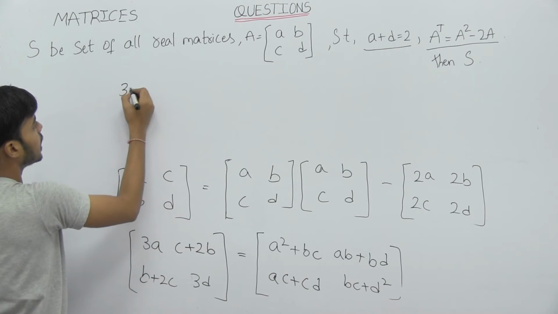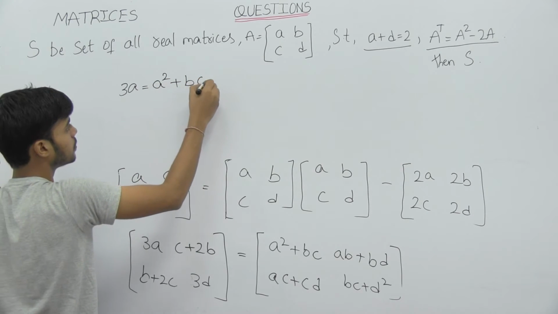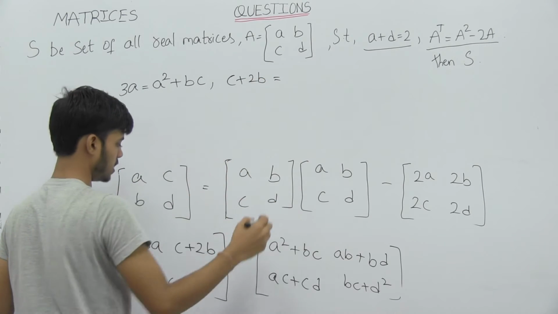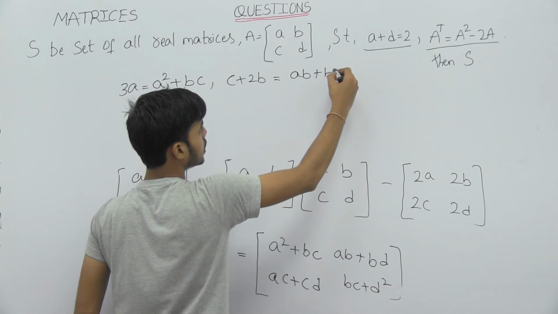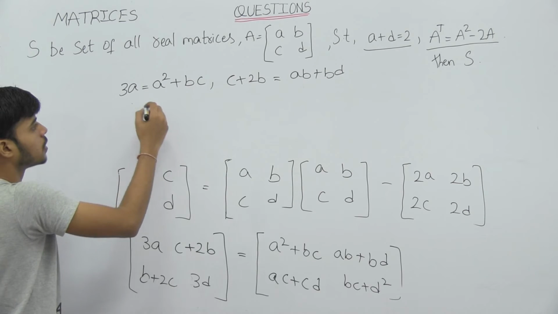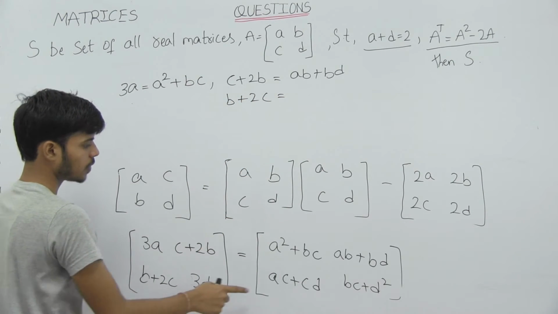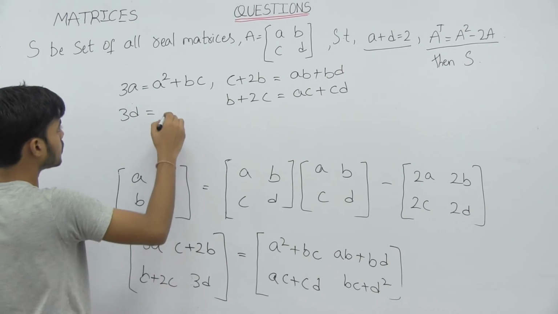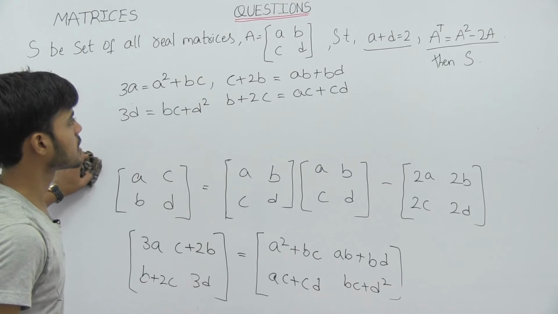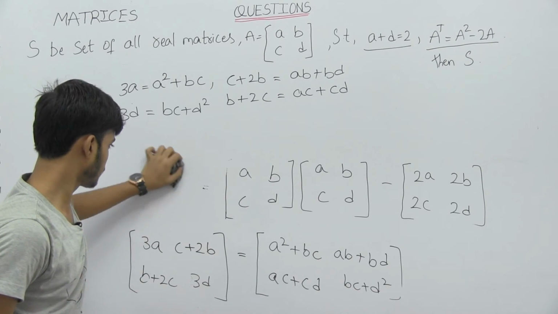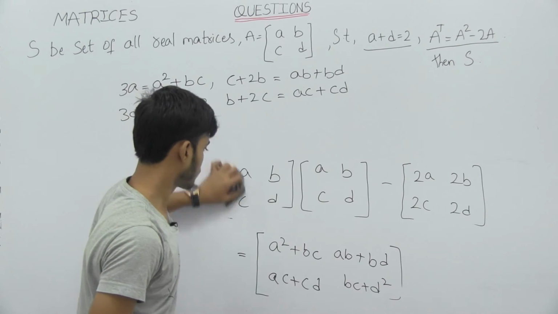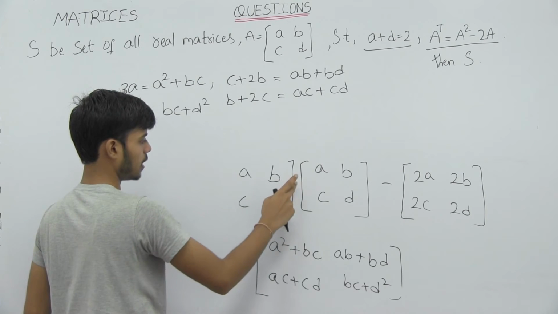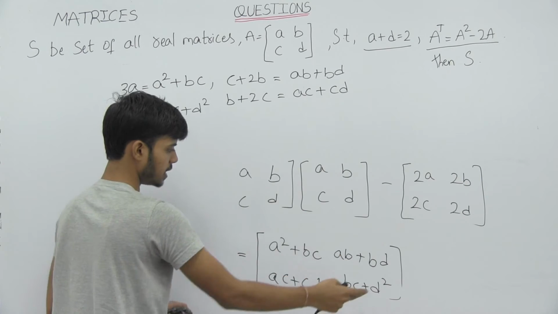So we get 3a is equal to a square plus bc, and c plus 2b is equal to ab plus bd, b plus 2c is equal to ac plus cd, and 3d is equal to bc plus d square.